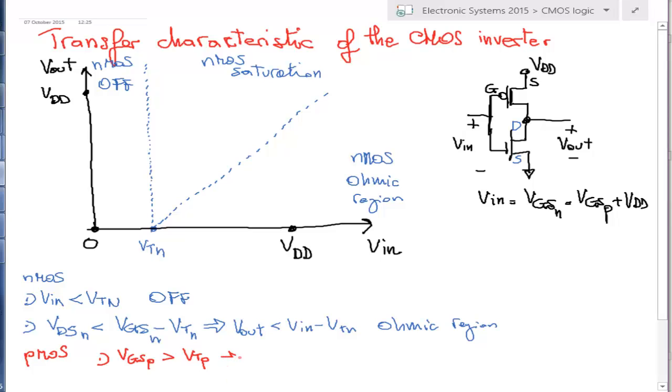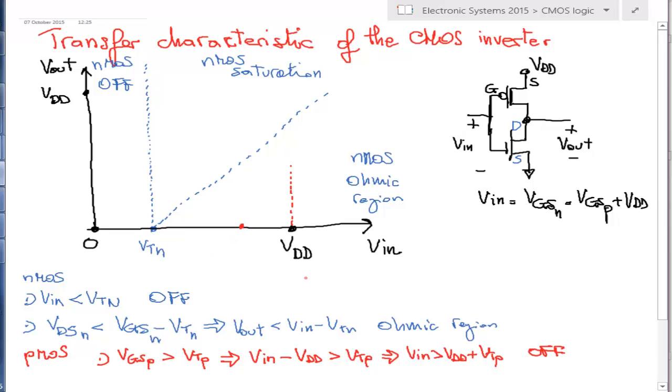So this means Vin minus VDD larger than VTP, which also means Vin larger than VDD plus VTP. In this situation, the PMOS is off. VTP is negative.